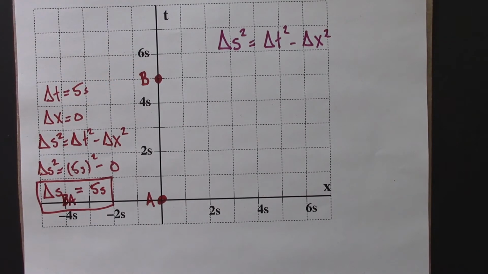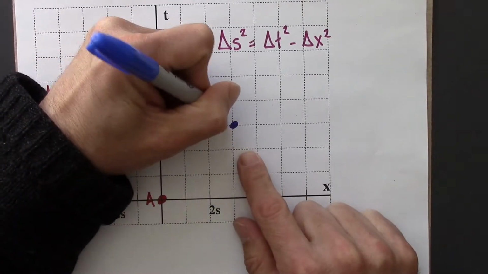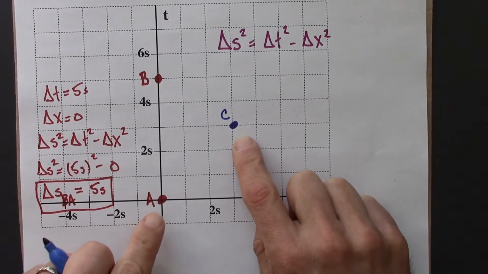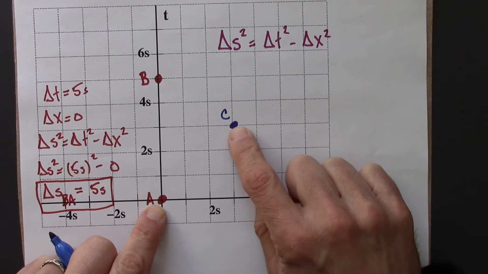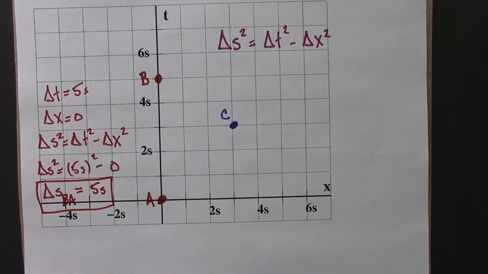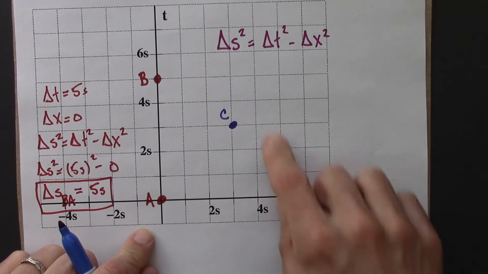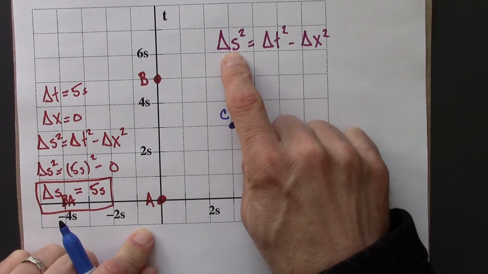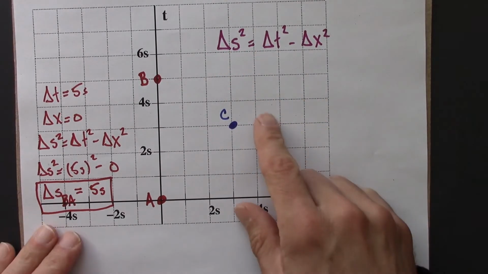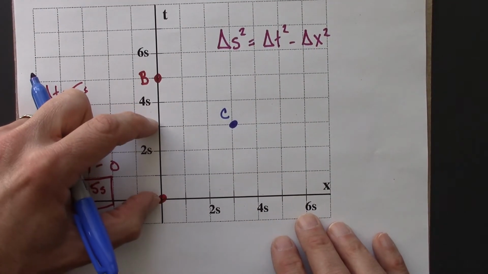Okay, let's look at another pair of points. Let's choose this point. I'm going to call that C. And let's look at the value for the space-time interval between event A and event C. We do the same thing. We can read delta t and delta x right off the space-time diagram and then use this formula to find delta s. Delta t is 3 seconds.